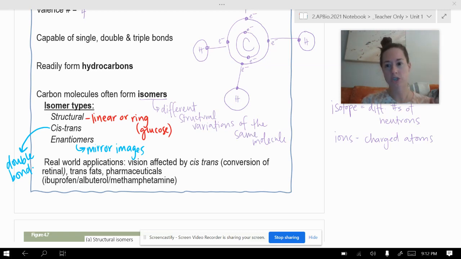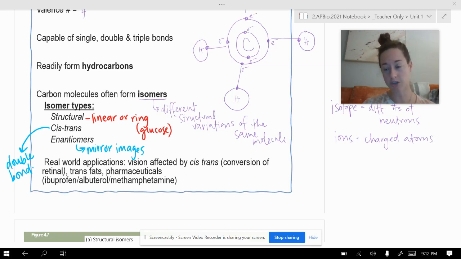The mirror image enantiomers, an example is ibuprofen. There's a mirror image layout of ibuprofen that actually is completely ineffective for any pain relief at all, even though it's exactly the same layout, just flipped.